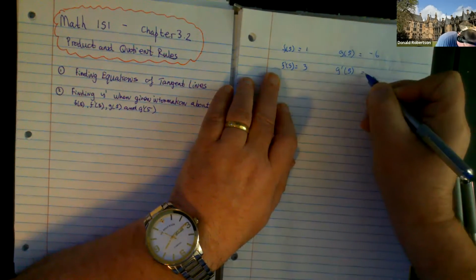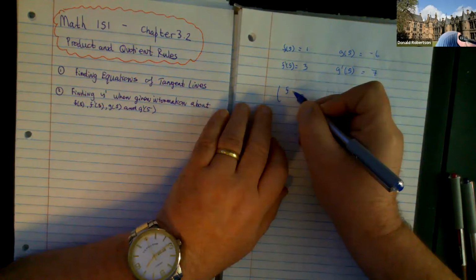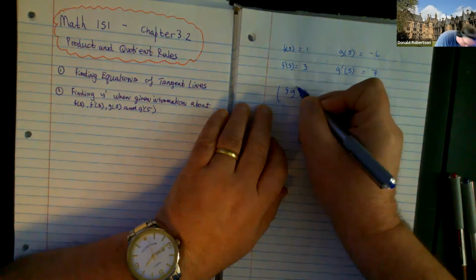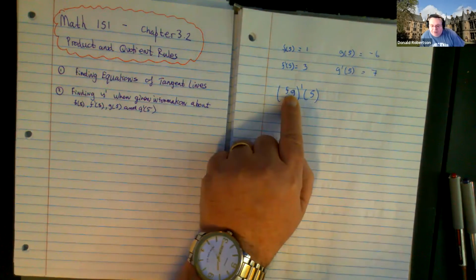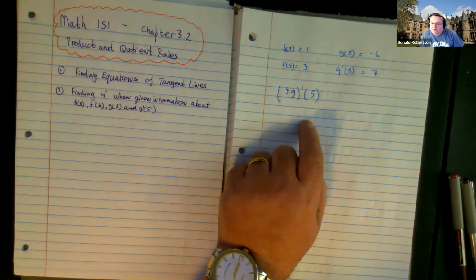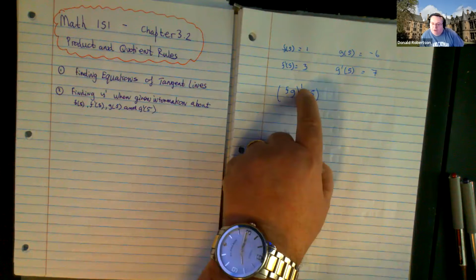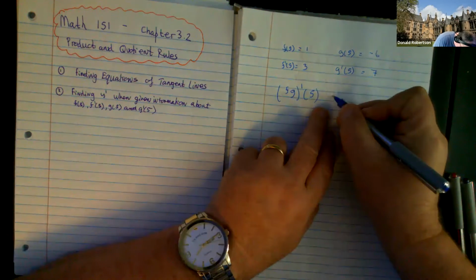Right. Now, when they write down that, what they're asking you to do is to find the derivative of the product at 5. And that's what that means, right? Find the derivative of f times g at 5. Now I know how to find the derivative.